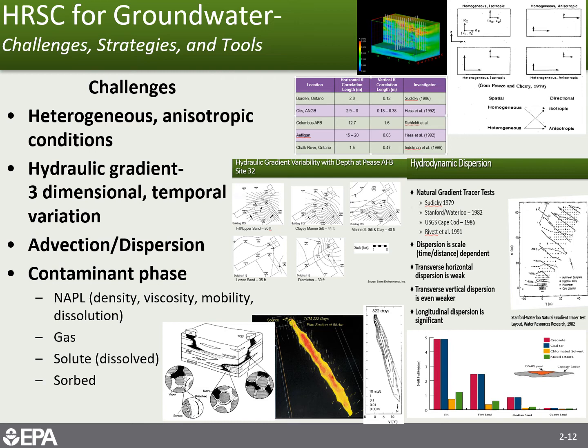But the work that they did at the University of Waterloo, the Cape Cod tracer tests, and some of these others showed that actually dispersion transverse horizontal to the direction of the plume is quite weak.